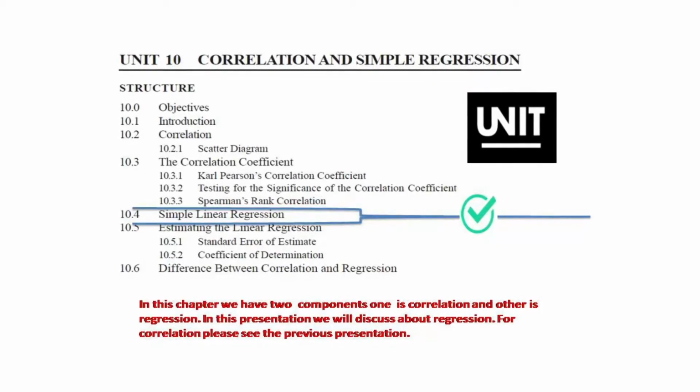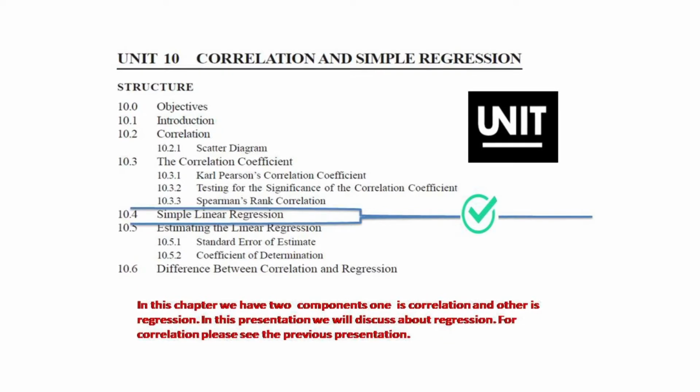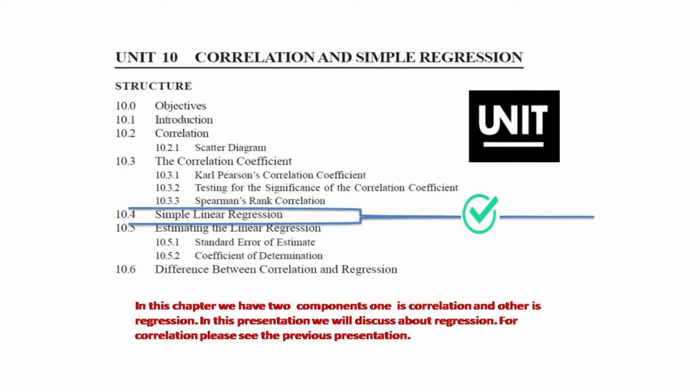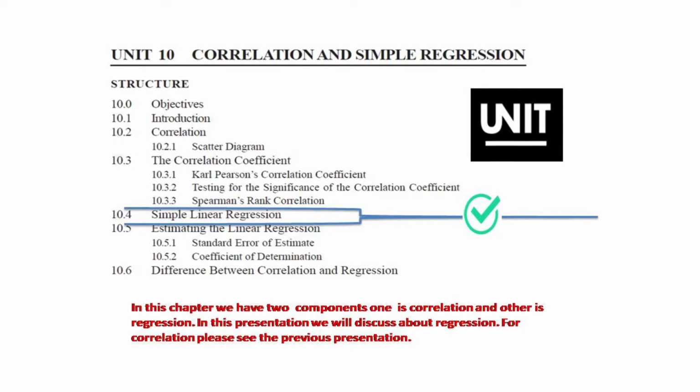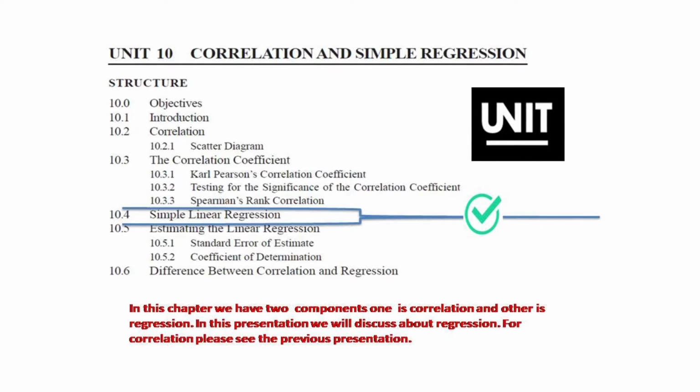If you see the backdrop, we have talked about correlation, the scatter diagram, the Karl Pearson correlation coefficient, testing for the significance of the correlation coefficient, and then the Spearman rank correlation.